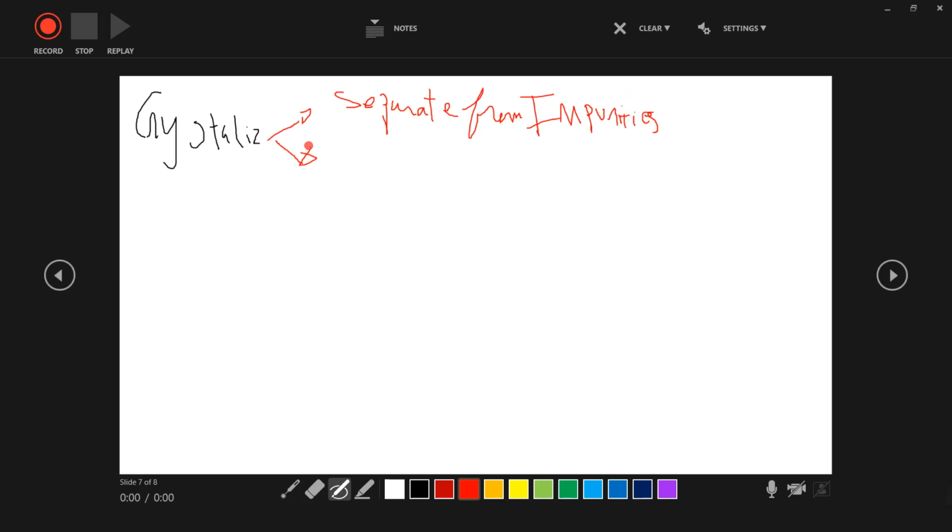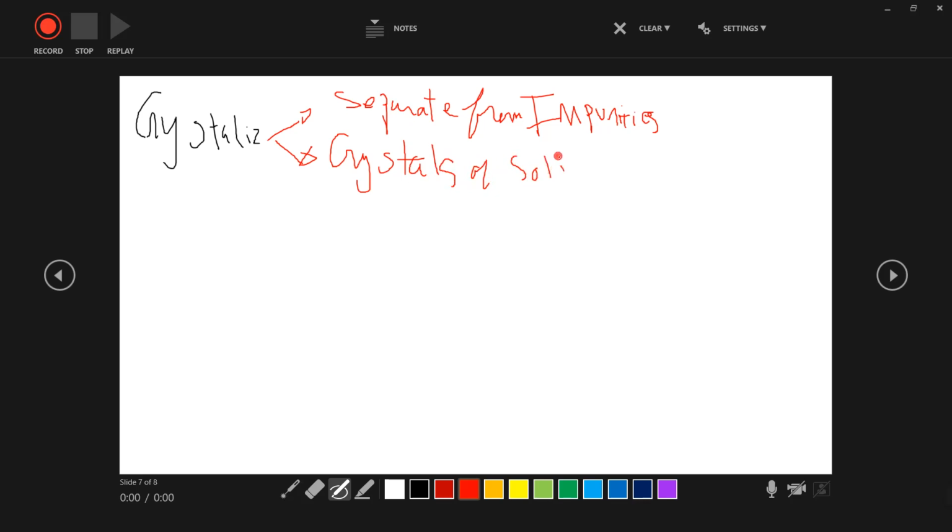The most pure form of solid compound is the crystal form, and it comes from the name of the process, crystallization. So I need to obtain crystals of my solid, not only precipitated or solid particles. I must obtain crystals of my solid compound because the crystals are the most pure form of solid.